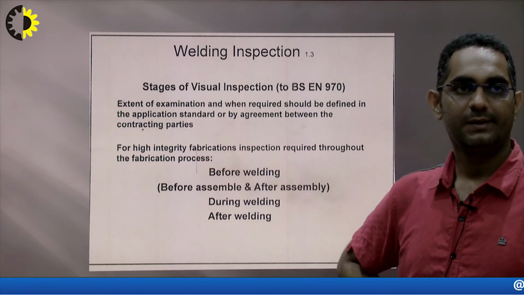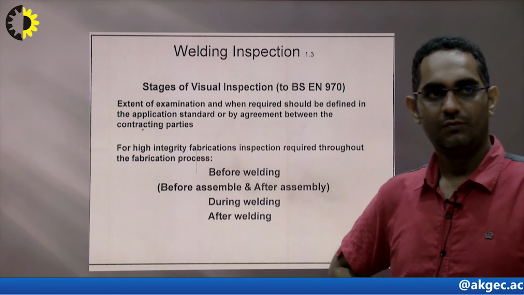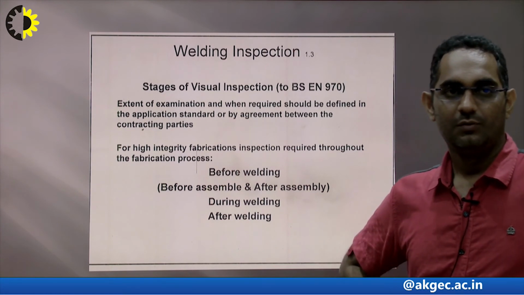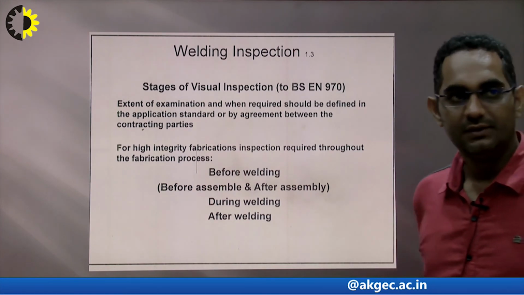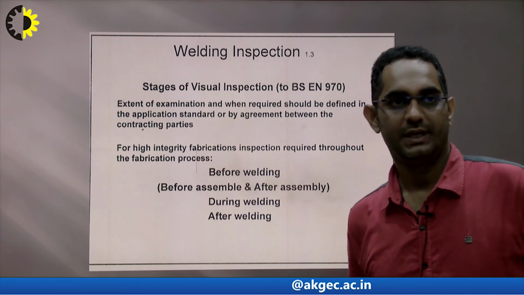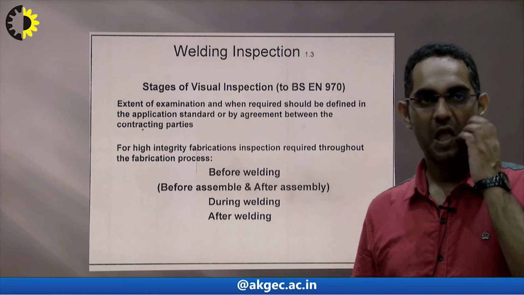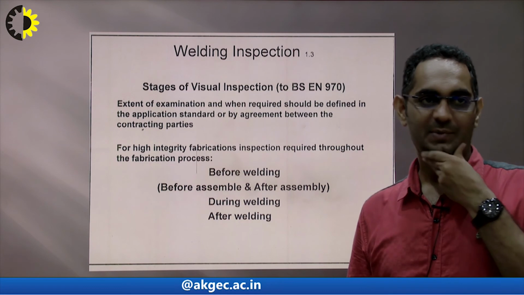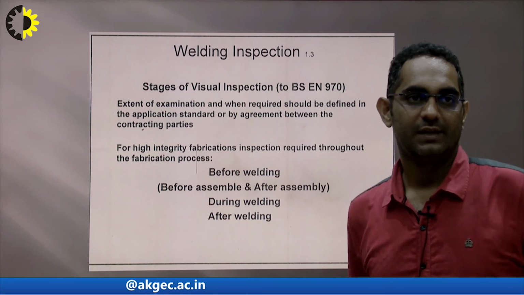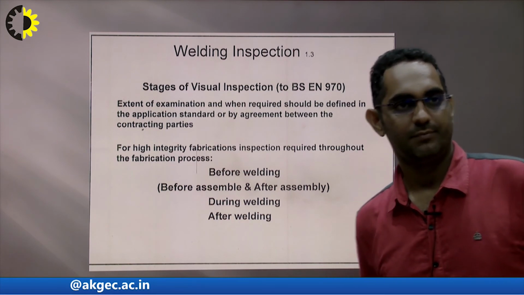Next are the stages of visual inspection to BS EN 970, and the extent of examination and when required should be defined in the application standard or by agreement between the contracting parties.